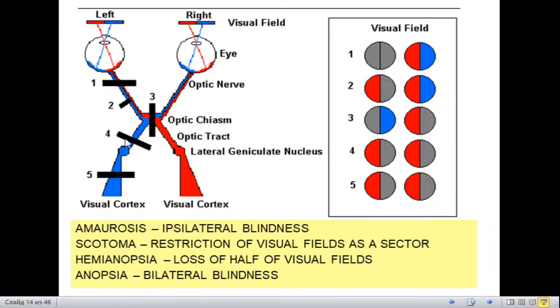So, in case of damage to the left optic tract, right visual fields will be lost. In the left eye it is the nasal visual field, in the right eye it is the temporal visual field. And for example, if the left optic radiation or left visual cortex is damaged, absolutely the same situation. Also hemianopsia, loss of half of visual fields takes place.